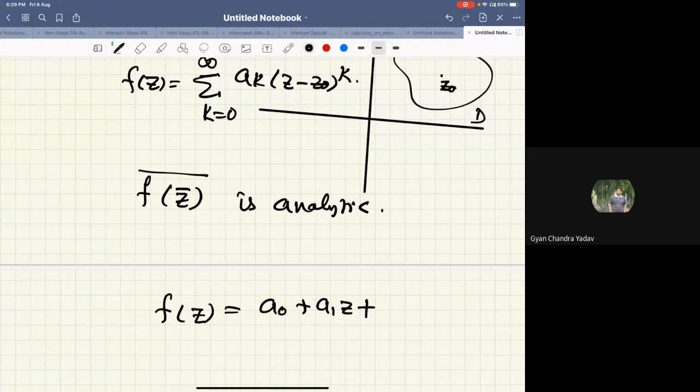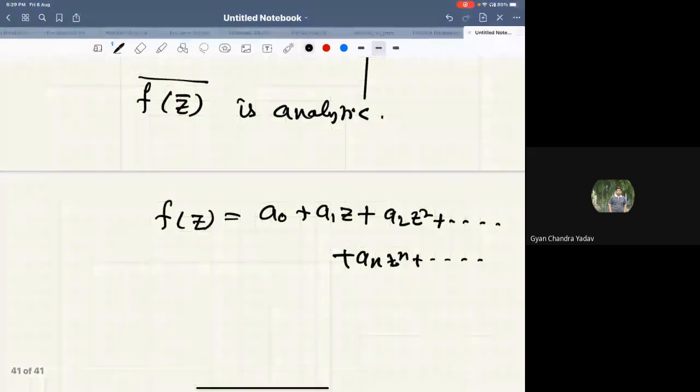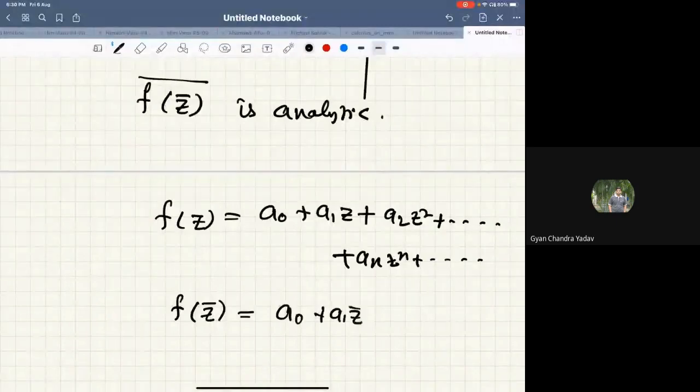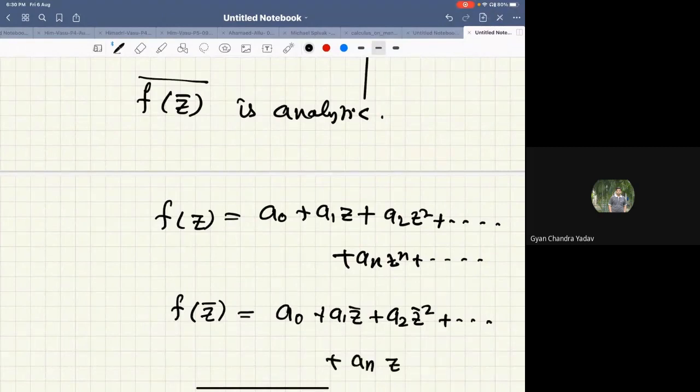Then a2 z square and so on, plus an into z to the power of n. So your f of z bar is nothing but a0 plus a1 z bar plus a2 z bar square and so on, plus an into z bar to the power of n and so on.